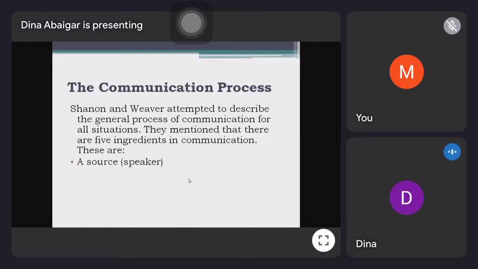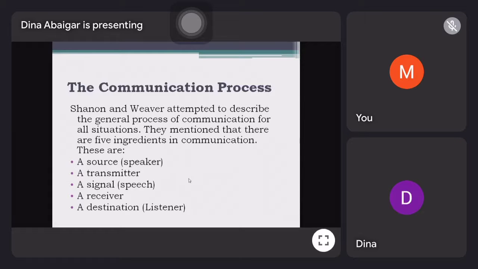These are a source or speaker, or what we know as the sender or the communicator; a transmitter, which is the way or method used by the source or the speaker; a signal or speech; and a receiver. Of course, when the source or speaker sends some information, it will be received by the receiver, the destination or listener.